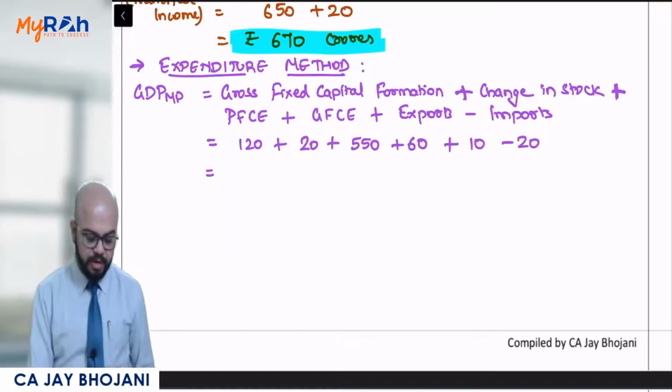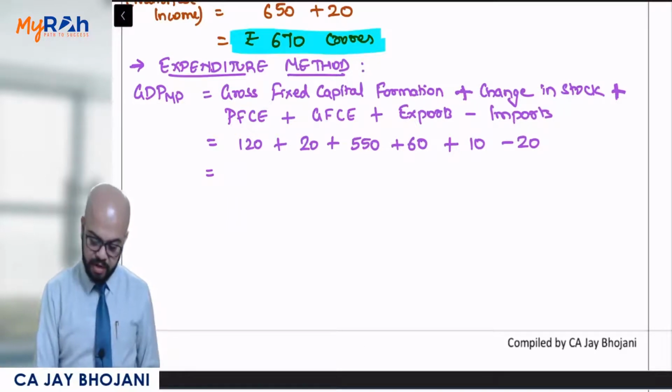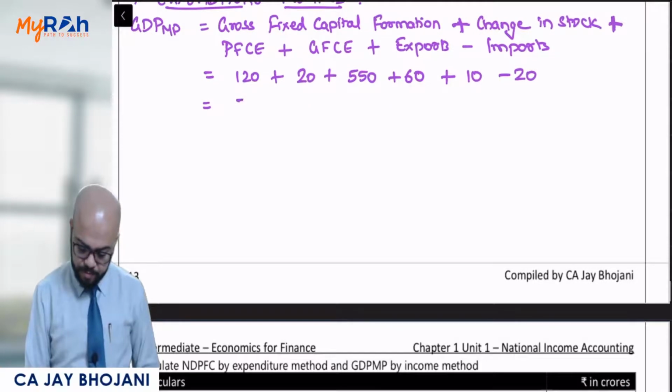Let us calculate this. So 120, this is 740.